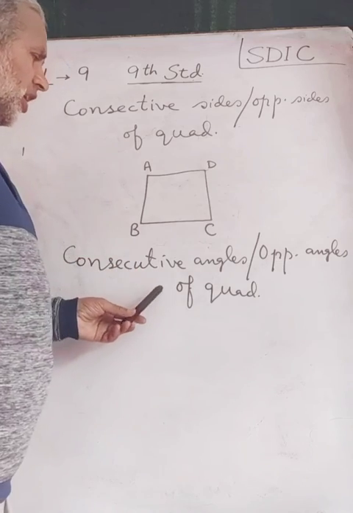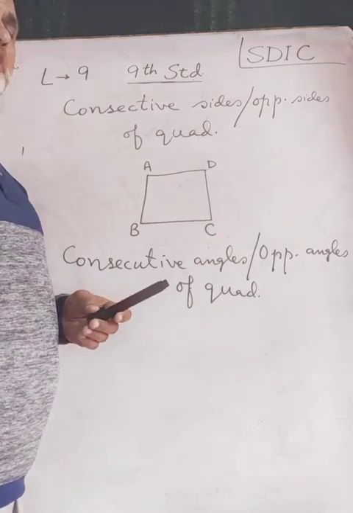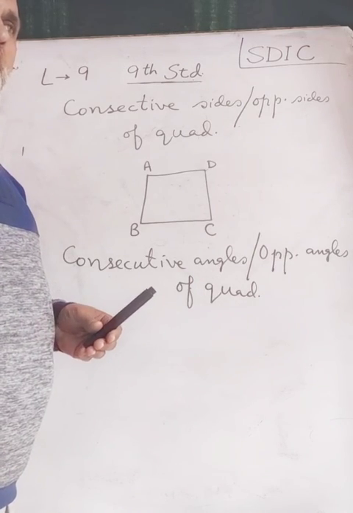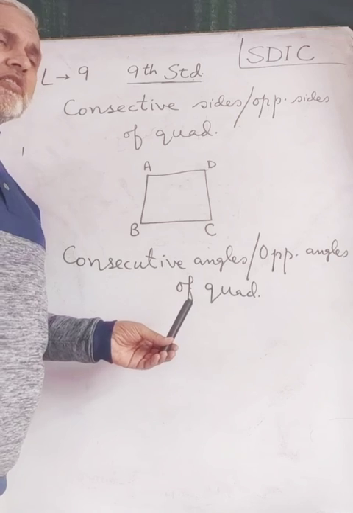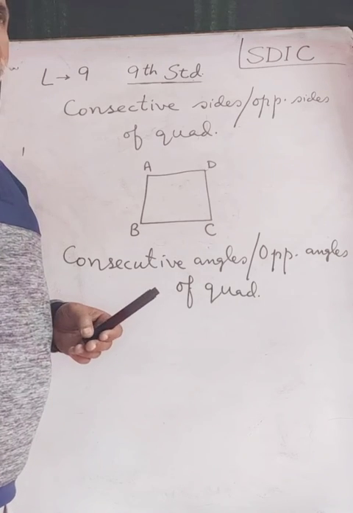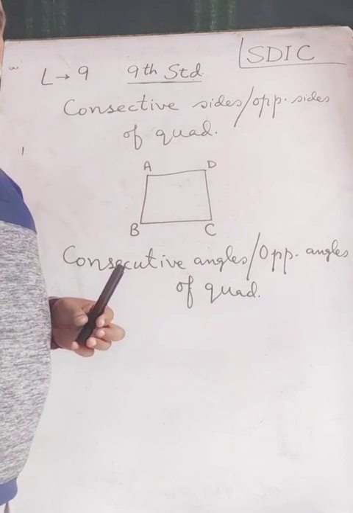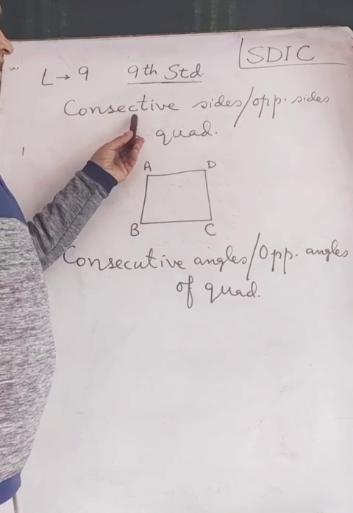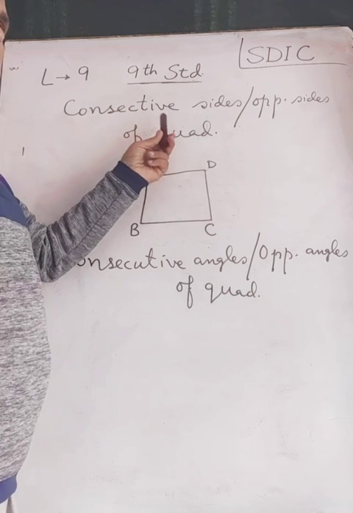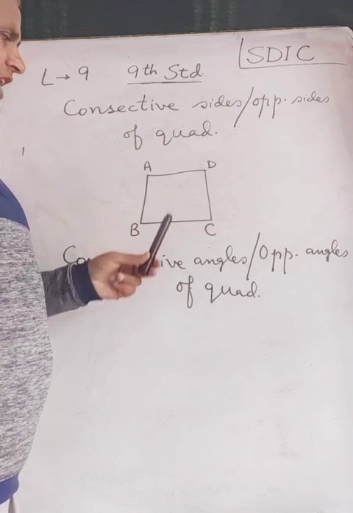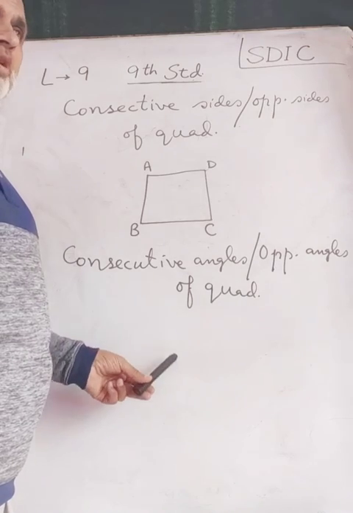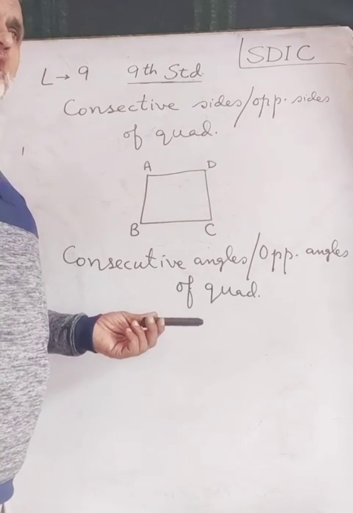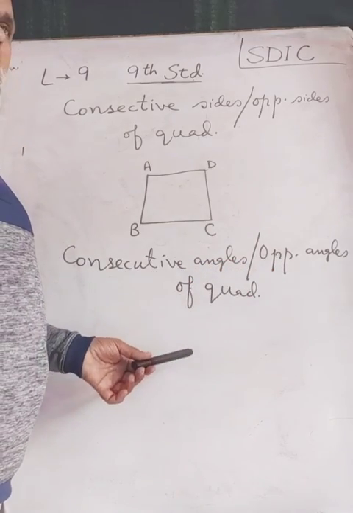Well, in order to identify consecutive angles and opposite angles, you have to find arms of angles. Angles have arms. And if the 2 angles have a common arm, then those will be called as consecutive angles. Likewise, if they have one arm common, those will be called consecutive angles. And if they do not have any common arm, those will be called opposite angles.